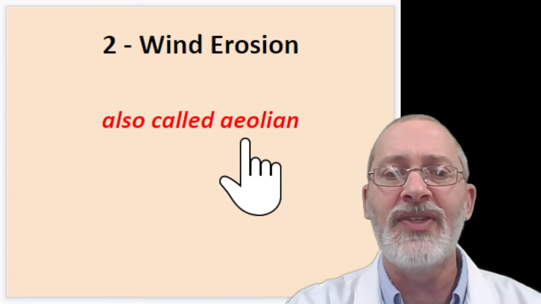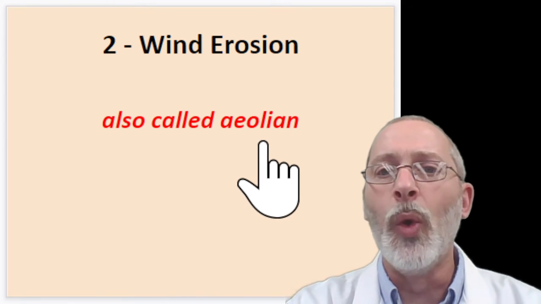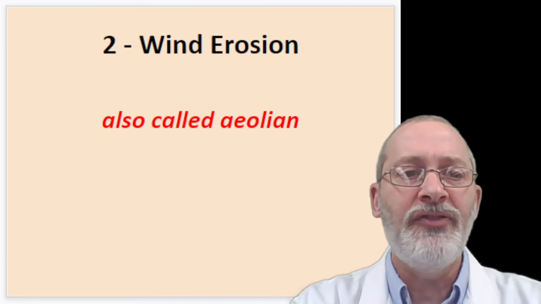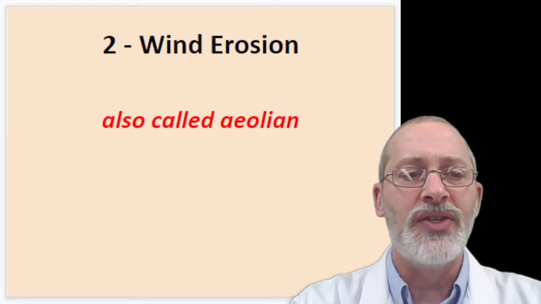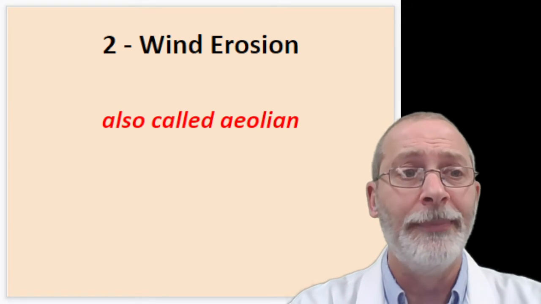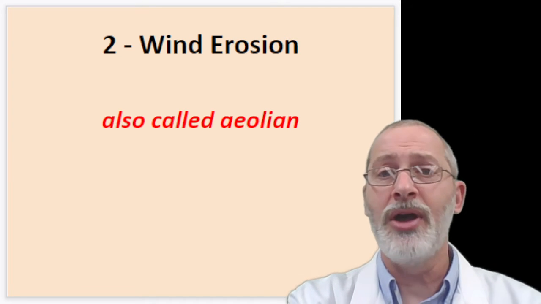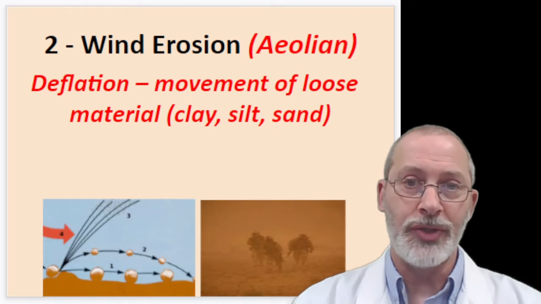Aeolian is a fancy term which means wind. Aeolian features or aeolian processes are simply another way of referring to wind erosion. So let's talk about wind erosion or aeolian features.